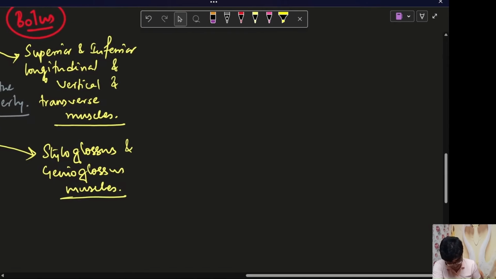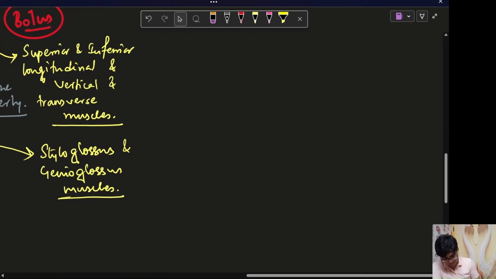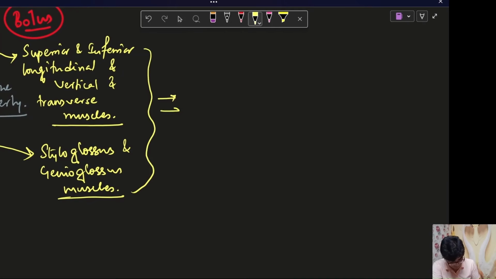And these styloglossus and genioglossus muscles, as well as the superior longitudinal, vertical and transverse muscles, all are innervated by cranial nerve 12, that is the hypoglossal nerve.